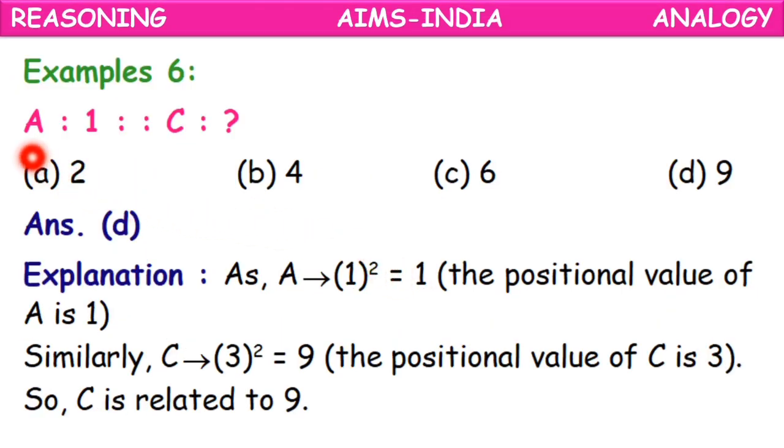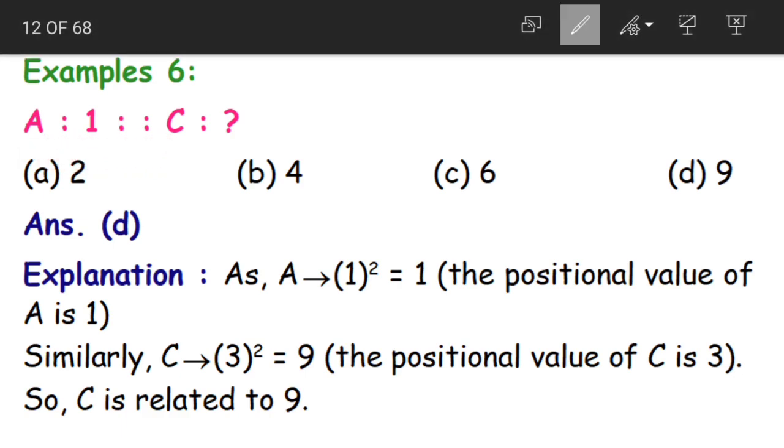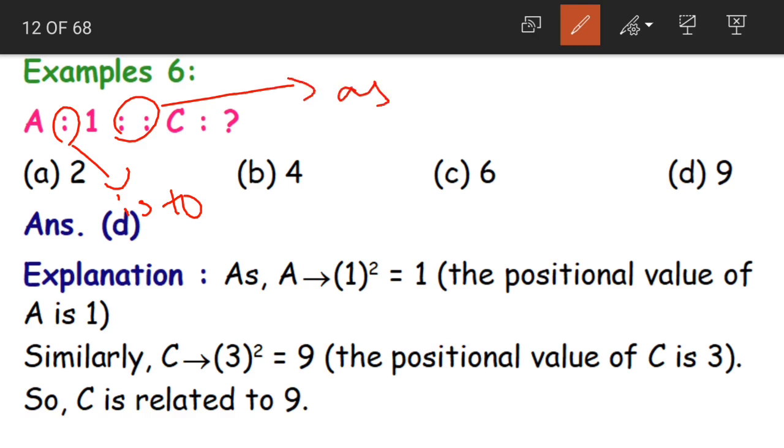For example, here A is to 1 as C is to dash. Remember, these two dots we read as "is to", and this will be read as A is to 1 as C is to dash.